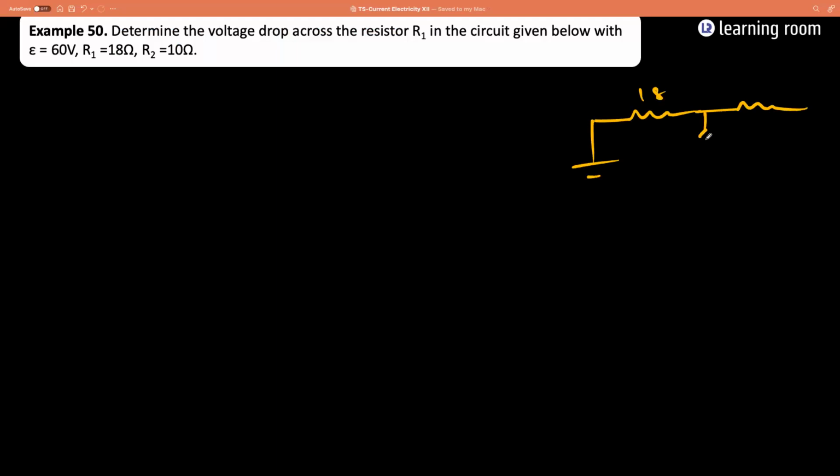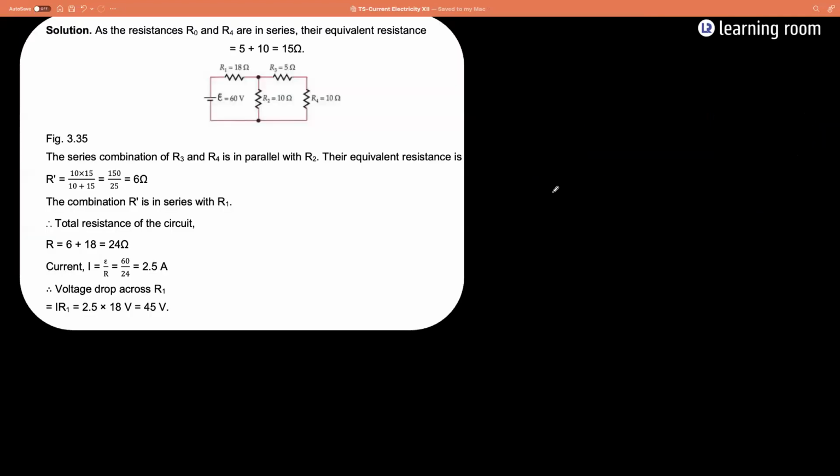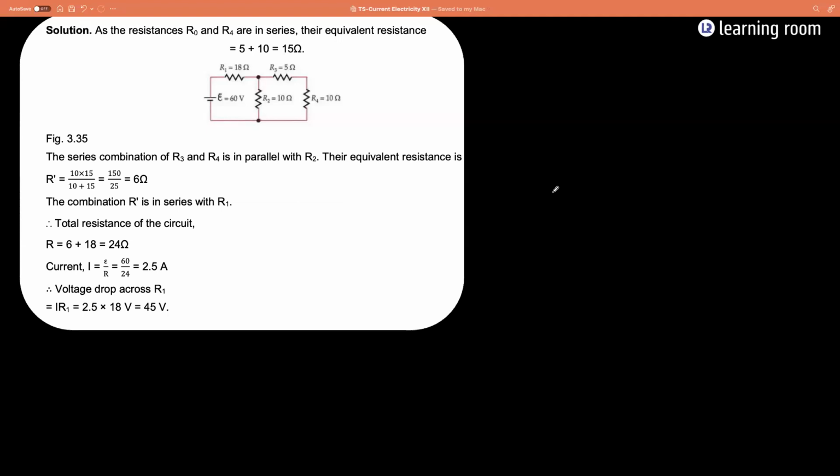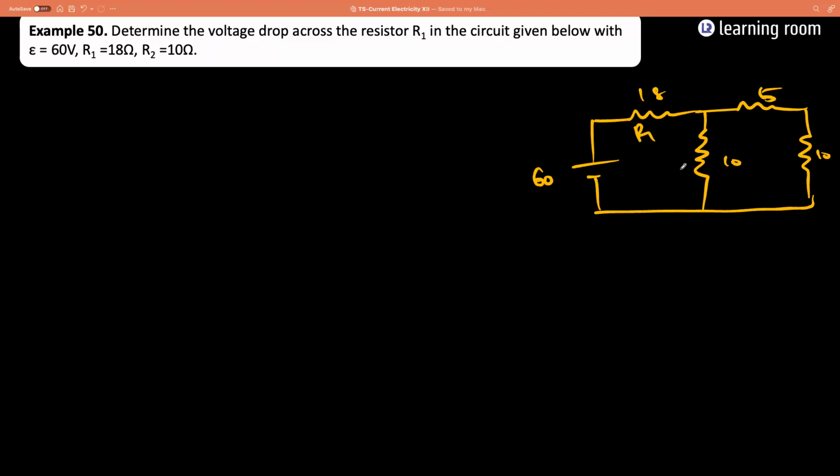So E is 60, R1 is 18, R2 is 10, R3 is 10, and R4 is 5. What does he want? Voltage drop across R1, which is 18.